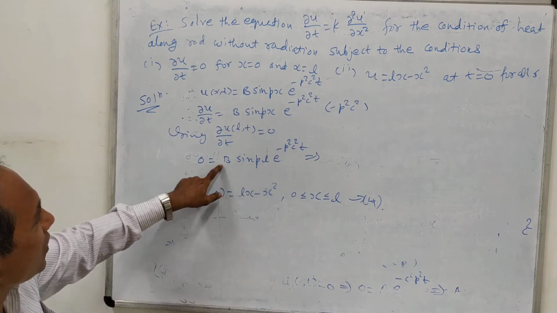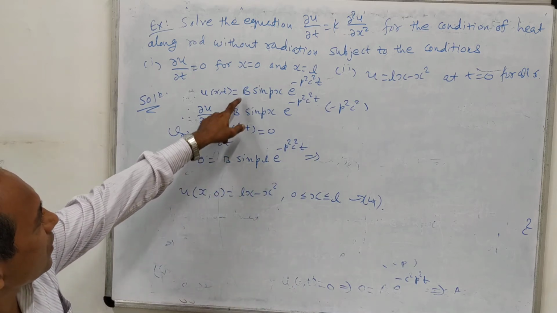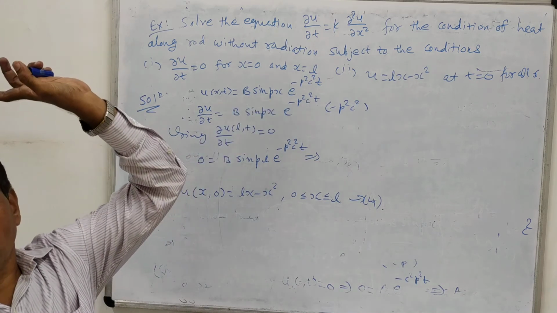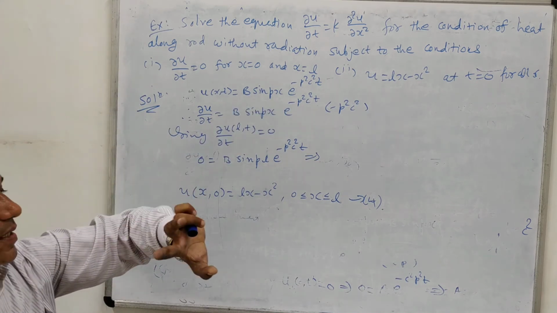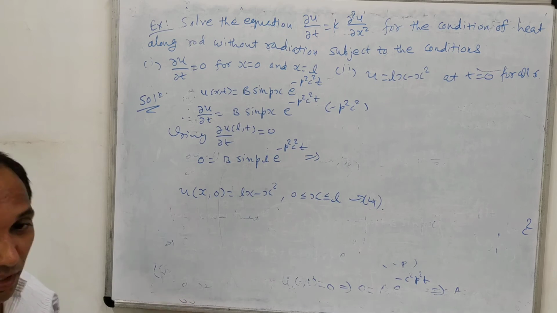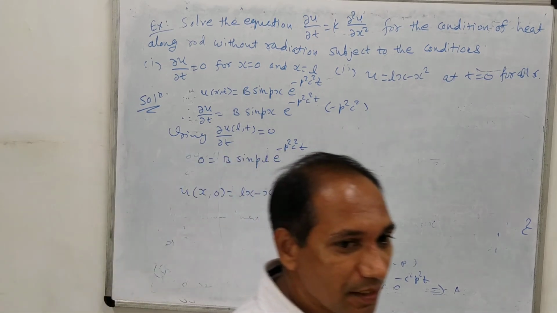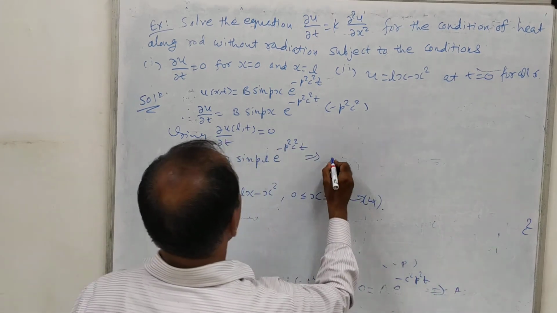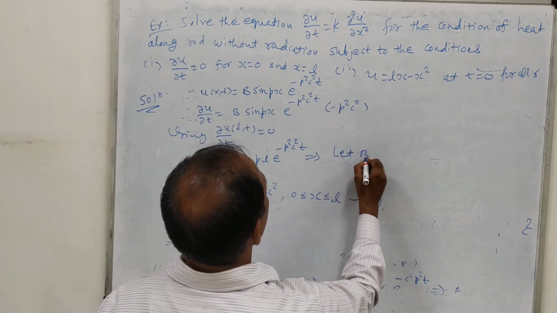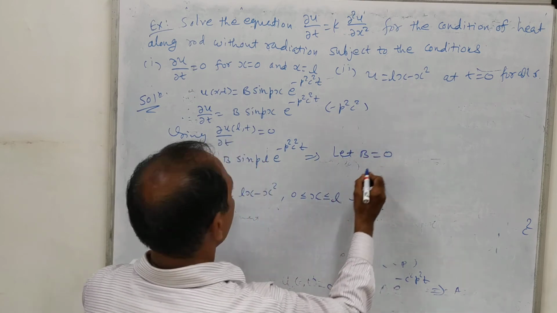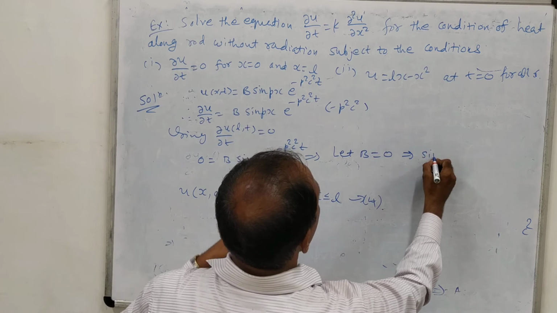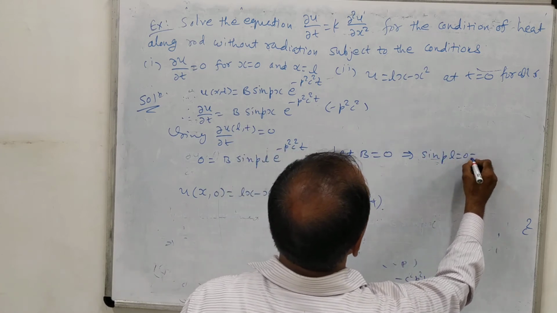If we take b equal to 0, then this solution will become a completely 0 solution, and as I told you, we are not interested in the 0 solution. So we will assume that b is not equal to 0. This implies that sin pL equal to 0.